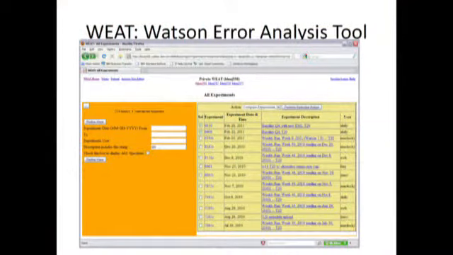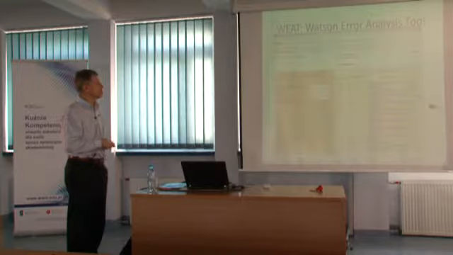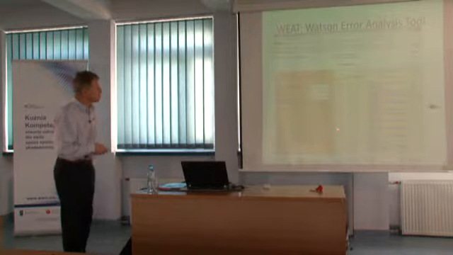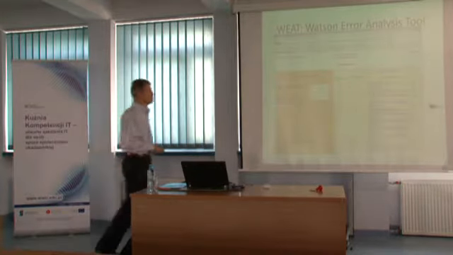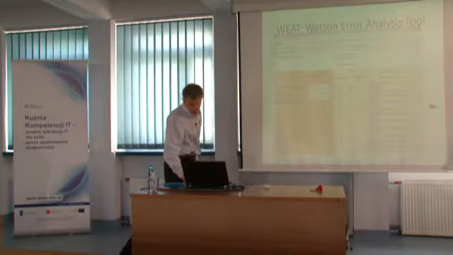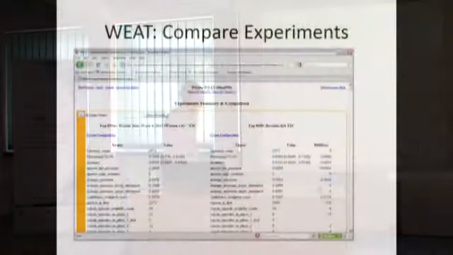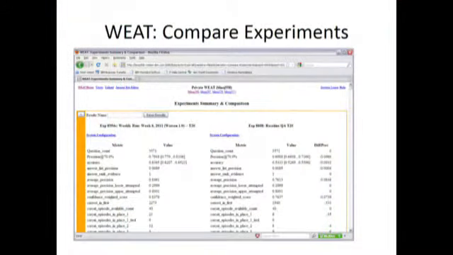All right, so that's a screen showing the error analysis tool, which essentially has the experiment number here, some description of the experiment, and if you click on it, you can see some particular results. You can compare multiple experiments as is happening here.